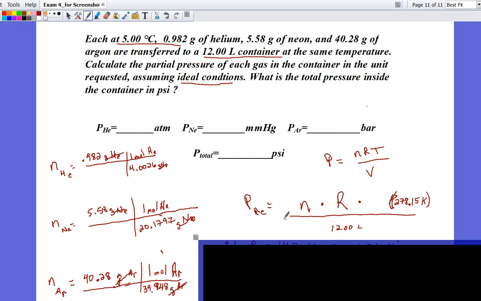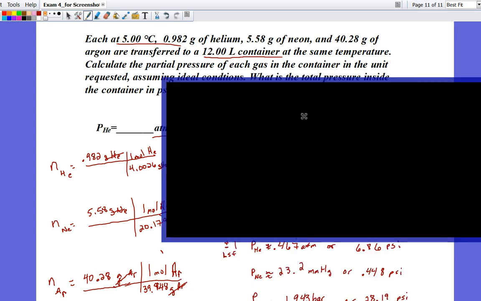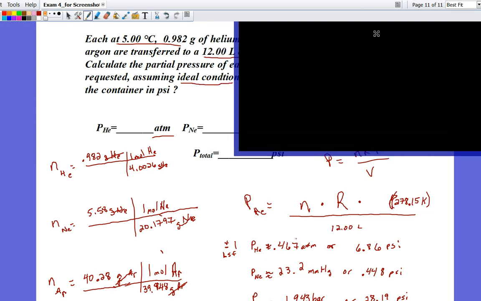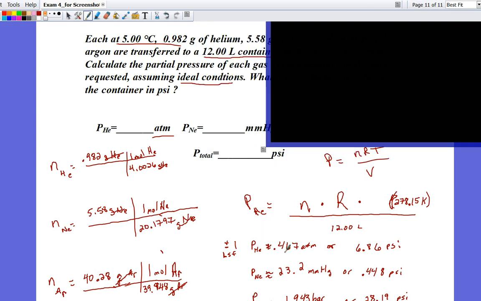The R changes because the requested pressure unit changes. So I use a different value for R when I calculate those. And then what I did for each one, I calculated the partial pressure for helium, and that ended up being 0.467 atmospheres.